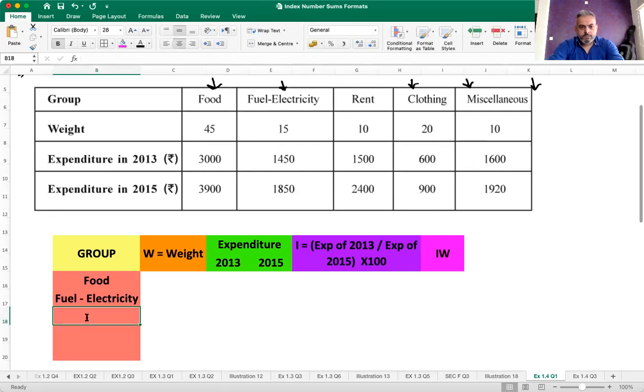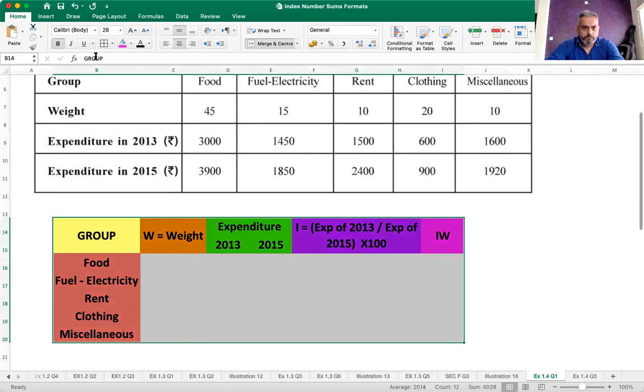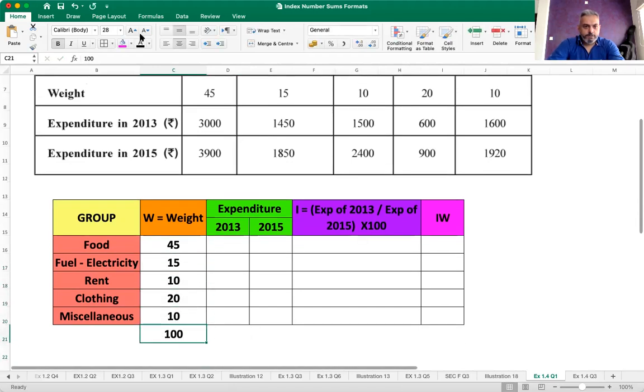Rent, clothing, miscellaneous. Now weight is already given. Let me make a table: 45, 15, 10, 20, 10. Let's see the total: 100. This we will be using.